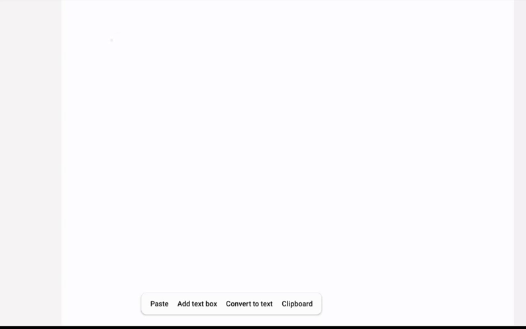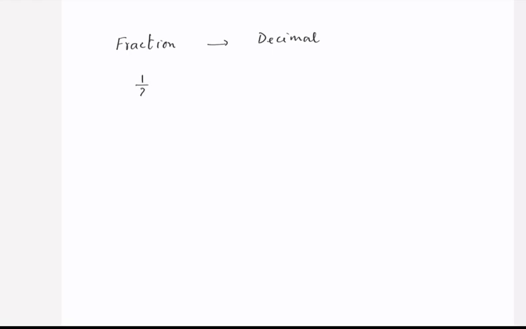In this lesson, we try to convert a fraction into a decimal number. Okay, we take the simplest of the fractions. Let's say half. How to convert this into a decimal?